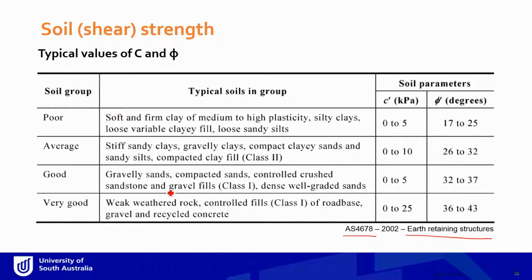If we know the soil type, we can at least come up with a range of values and pick a number within that range to say this is C prime and this is phi prime, or C or phi, and use it in the Mohr-Coulomb equation to find out its strength.